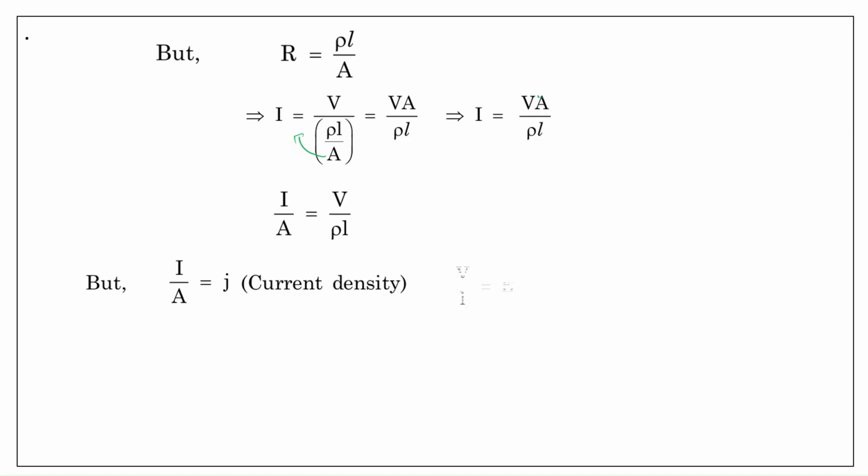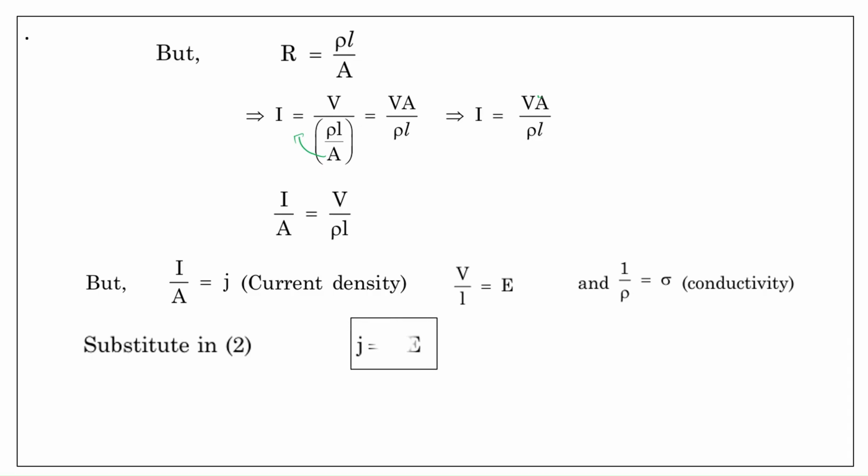V by L is equal to E. And 1 by rho is equal to sigma, that is conductivity. Now substitute these values in equation 2, we get J is equal to sigma E. In vector form, vector J is equal to sigma vector E. This equation gives relation between current density and conductivity of a conductor.